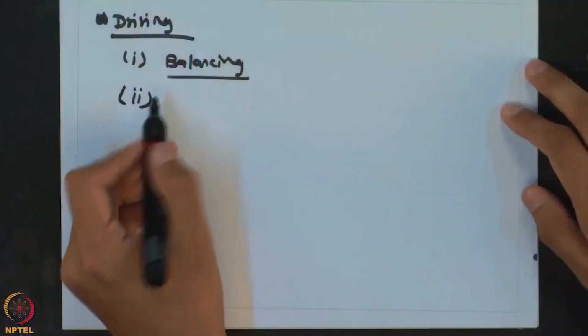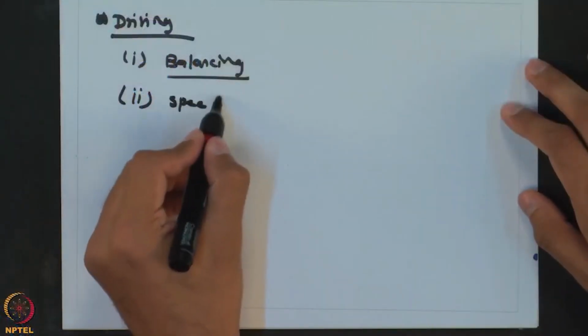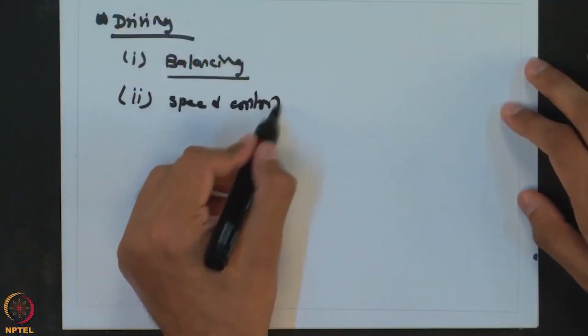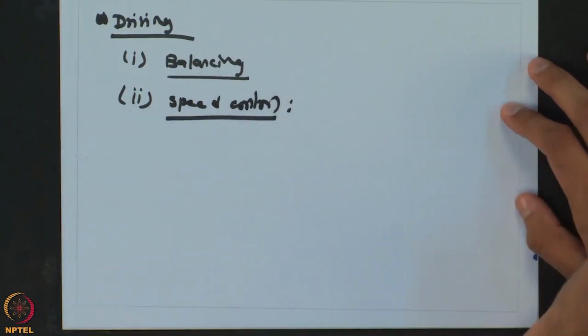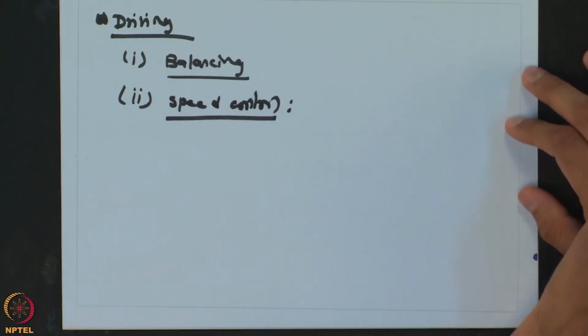So when you are trying to balance, again it is a feedback control where you try to maintain a position of center of gravity. The other place where you use feedback control is speed control. If you are going uphill, then you have to provide more energy into your car in order to maintain the same speed.